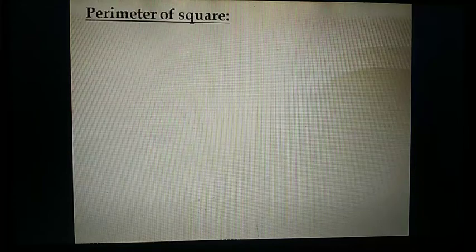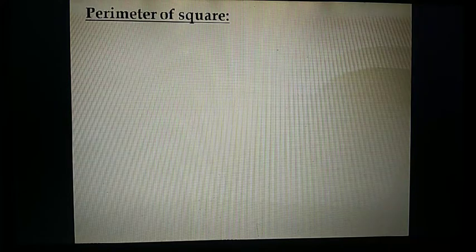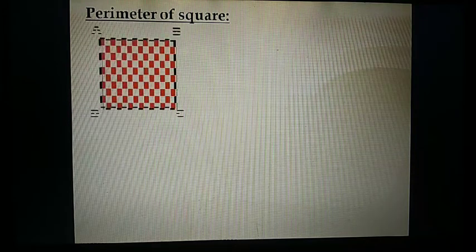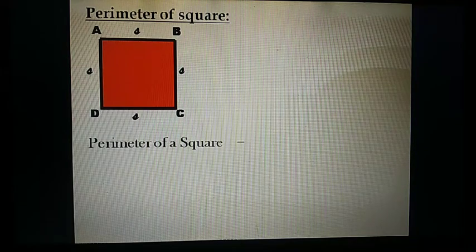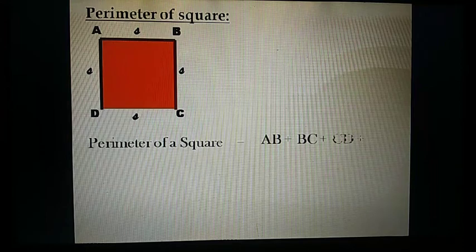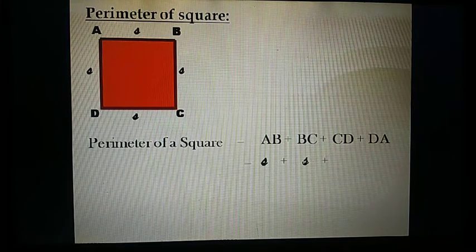Moving to next, that is perimeter of a square. Again, what is a square? A square is a closed figure and all the sides of the square are equal. Again, perimeter means boundary length, adding the lengths of all the sides. Putting the values here, you will get the same variable in all four sides.